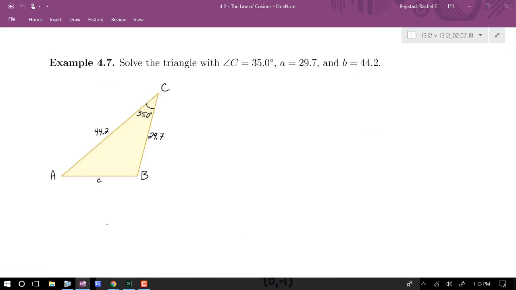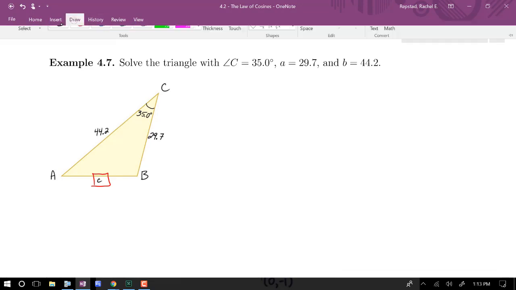So we had another example in the law of cosines section. We want to solve this triangle. They gave us an angle and the adjacent sides, or two sides and the included angle. If we have two sides and the included angle, usually we would start by using law of cosines to find the side opposite that known angle.